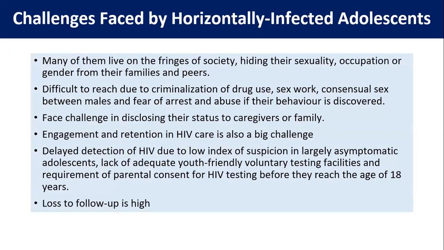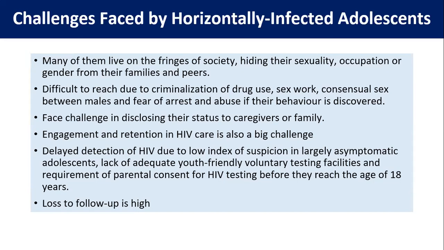Now, horizontally infected adolescents tend to live on the fringes of society, hiding their sexuality, occupation or gender from their families and peers. There is difficulty due to criminalization of drug use, sex work, consensual sex between males, and fear of arrest and abuse if their behavior is discovered. They face challenges in disclosing their status to caregivers or family, and engagement and retention in HIV care is also challenging.